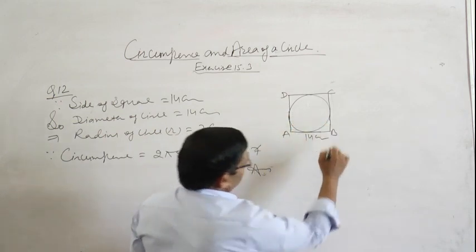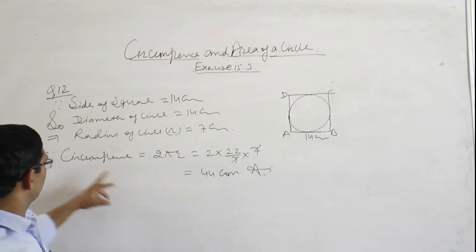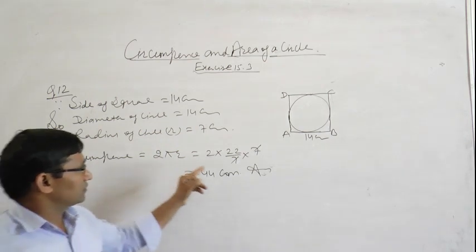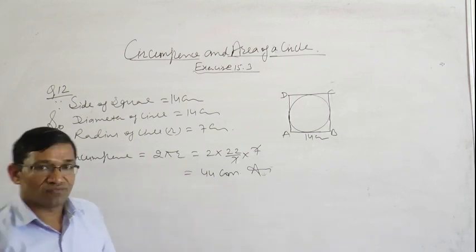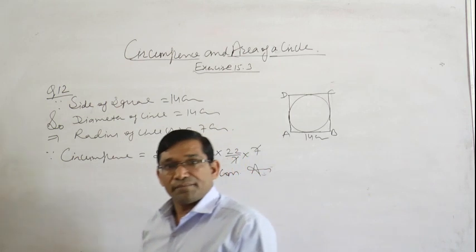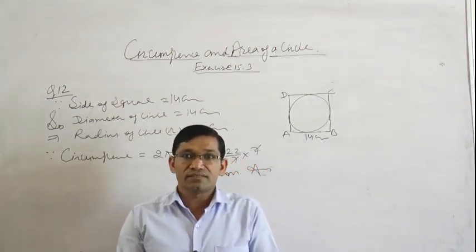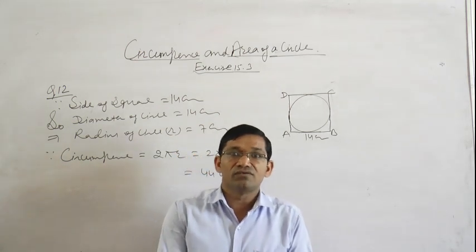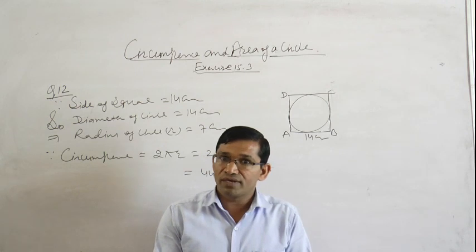Diameter of circle is also 14 centimeter, that is radius of circle is 7 centimeter, and circumference of circle is 2 pi r. We put the value of r, we get 44 centimeter. Clear? So your chapter is completed. You complete all exercise, and if you have any confusion, any doubt in any question, you can call me, you can WhatsApp me. Okay, thanks.